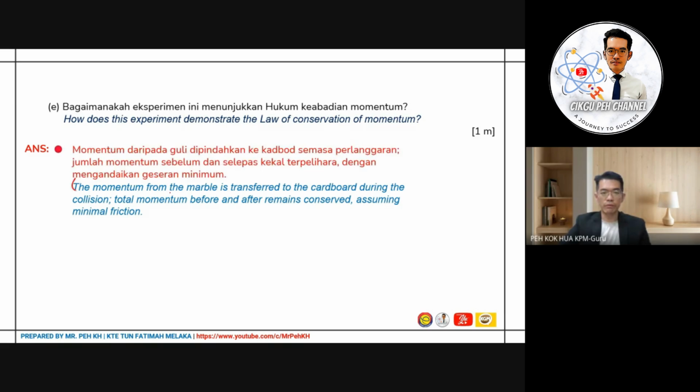The momentum from the marbles is transferred to the cardboard during the collision. So total momentum before and after remains conserved. We are assuming that the friction is minimum in the transfer of momentum from the marbles to the cardboard. So this is a suggested answer for this question.